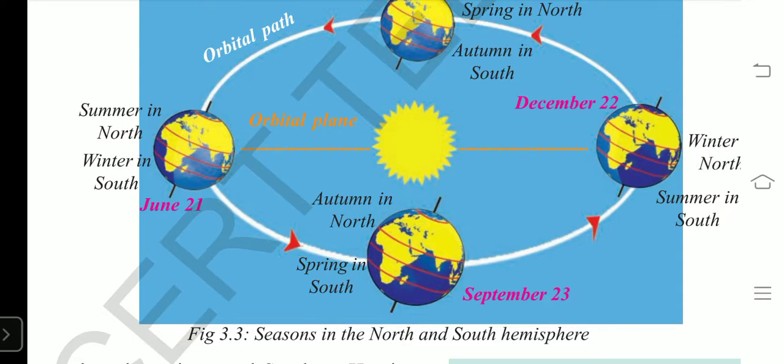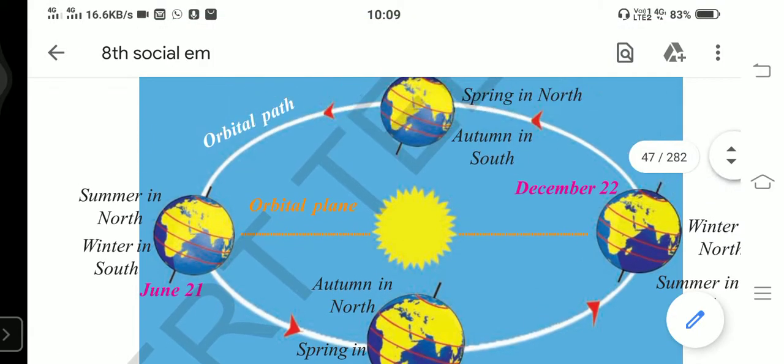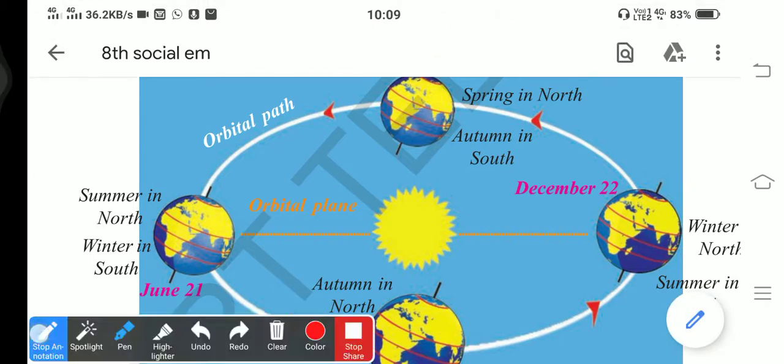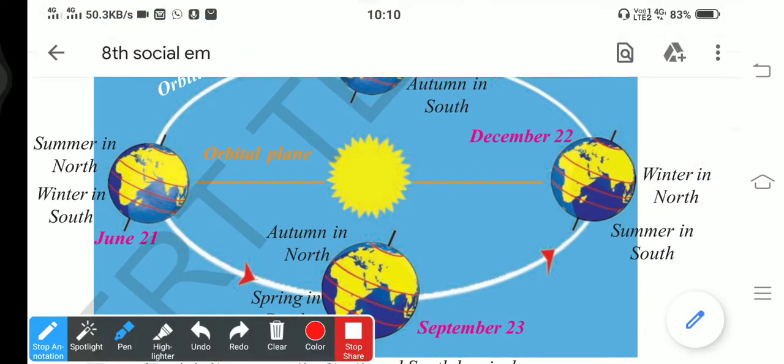My dear students, have you observed these positions in the diagram, the figure? I'll show you that. Here, this is June 21st, dear students. And this is September 23rd. And this is December 22nd, right?